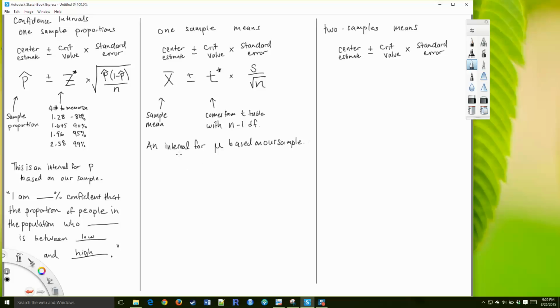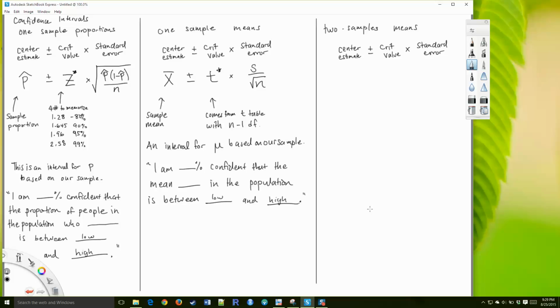And we say stuff like, I am blank % confident that the mean whatever in the population is between blank on the low end and blank on the high end.